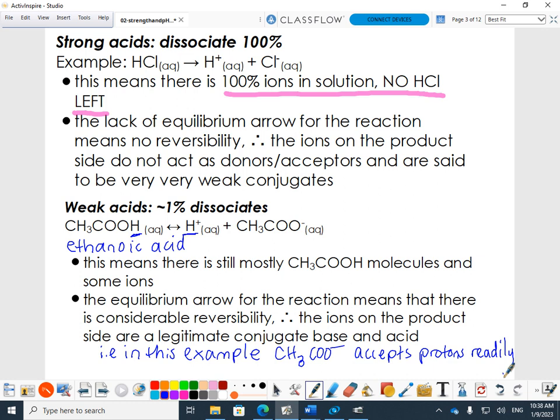And when you have a conjugate base like CH3COO negative accepting protons readily, and then you would call CH3COOH something that will donate protons readily, or be an acid, then now you have both kinds, an acid and a base, in a solution, which then is going to make this type of solution possibly a good buffer.